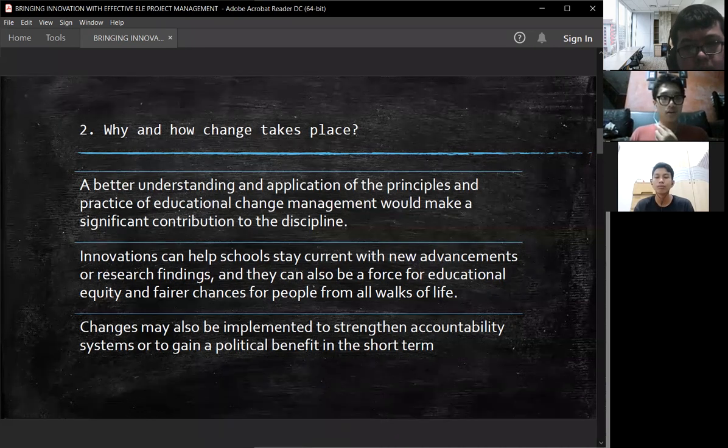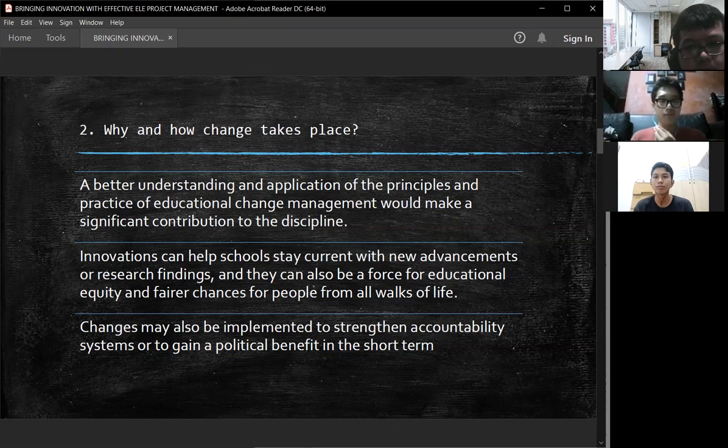So I think the first section, a better understanding, is more like the cause, and the rest of them are like how that cause created this kind of outcome.